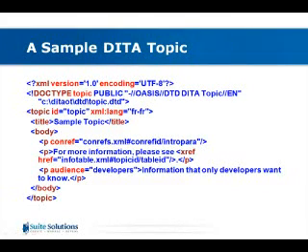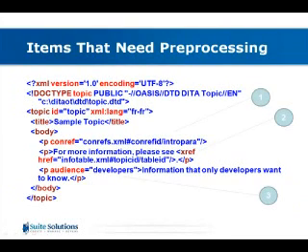So just to start looking, even in this simple case, we're going to have a whole bunch of different things that we need to process before we can produce any kind of output. In my example here, each of these paragraphs has something in it that requires a different kind of processing. The first paragraph has a conref.